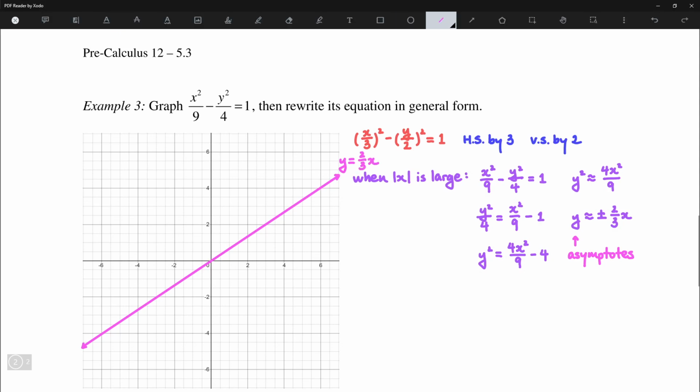And the second asymptote, same thing, going the opposite direction. So it'll look like this. Okay, and this is going to be y equals negative 2 over 3x.